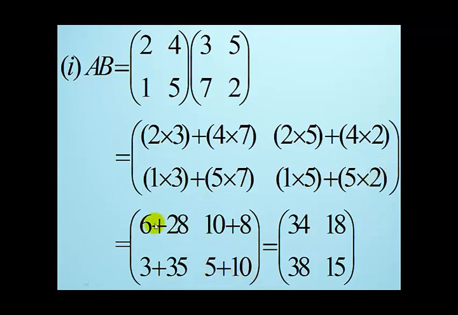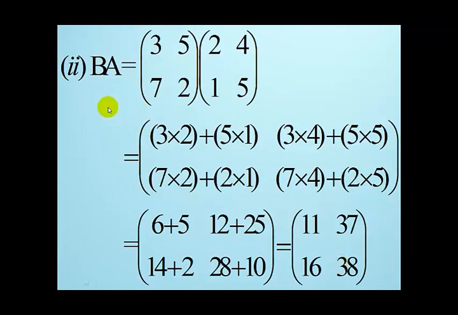Now 6 plus 28 equals 34. 10 plus 8 equals 18. 3 plus 35 equals 38. And 5 plus 10 equals 15. So AB is equal to [34, 18; 38, 15].